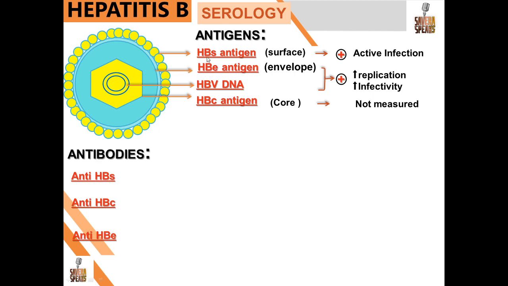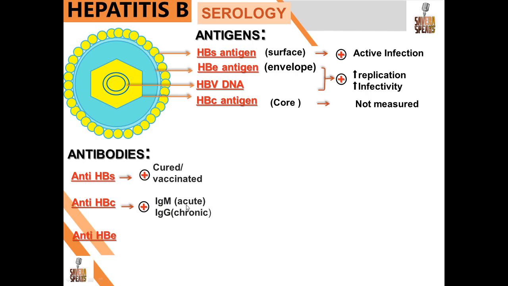For example, HBs antigen is an active infection, and if anti-HBs are positive, they indicate there's no infection. That is, either the patient is cured from the disease or he is vaccinated. And if the anti-HBc are positive, there may be two types, IgG or IgM.